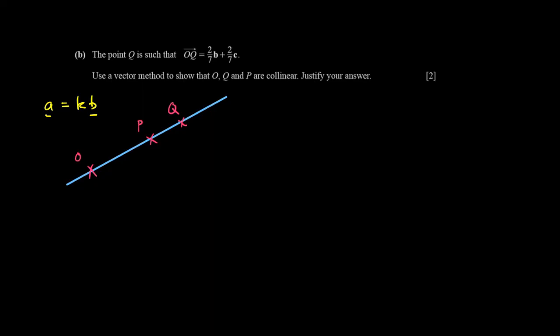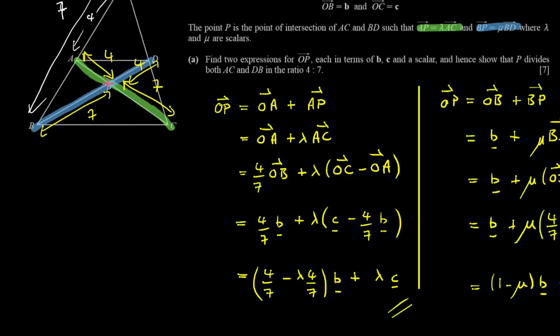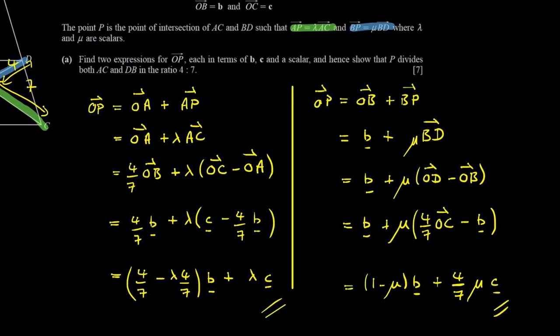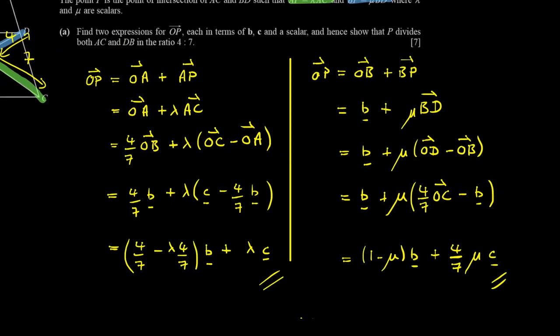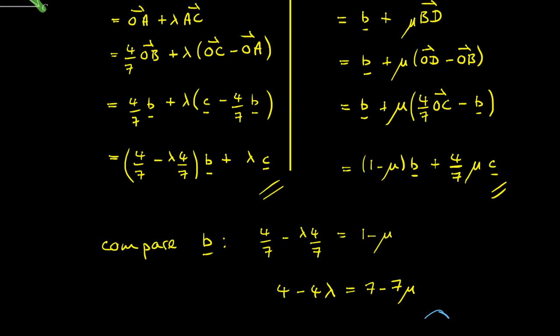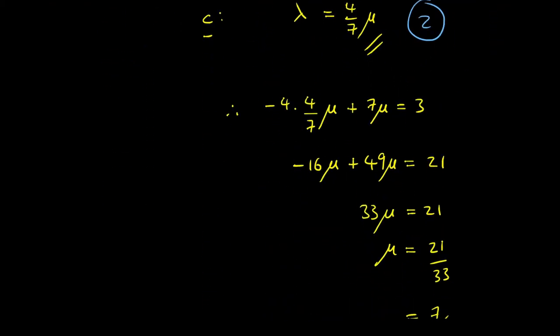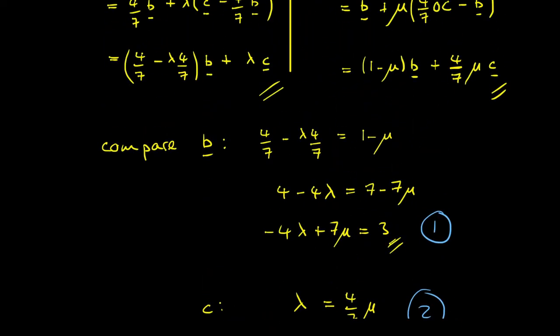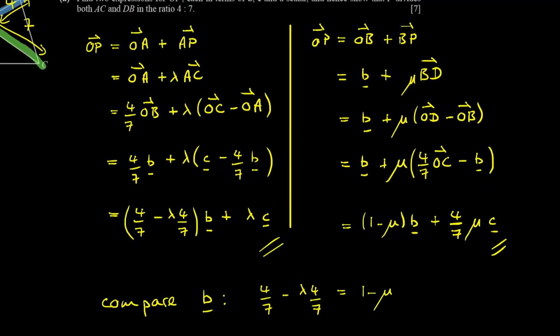So we should already have an equation for OP. So let's use this one here that we got previously. So we got 1 minus mu B plus 4/7 mu C. Now what was our mu? Our mu was 7/11, wasn't it? So 1 minus 7/11 is 4/11.